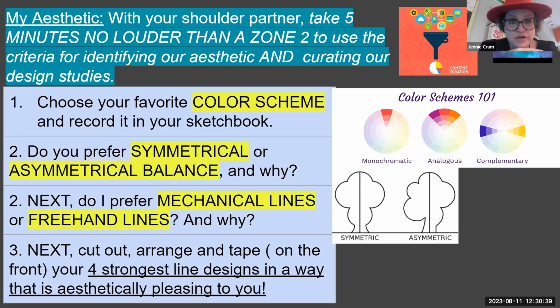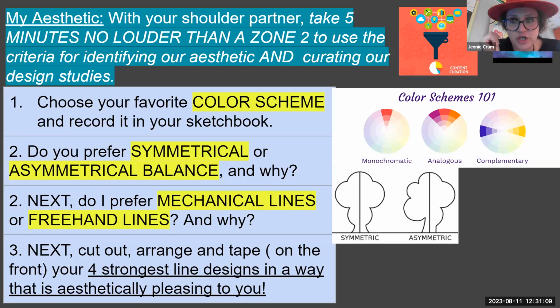So the very first thing that we're going to do is you're going to choose your favorite color scheme and record it in your sketchbook. So take a look above me. See where it says Color Schemes 101? Which color combination do you know that you want to use? Do you like a variety of one color and that's it that you're going to shade with? And that means you're going to write down in your sketchbook 1 monochromatic color scheme.